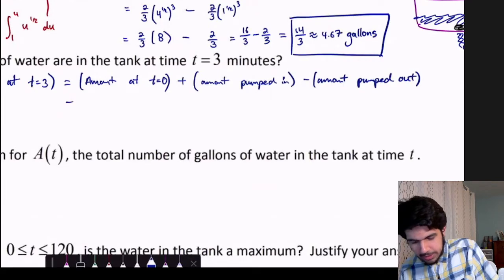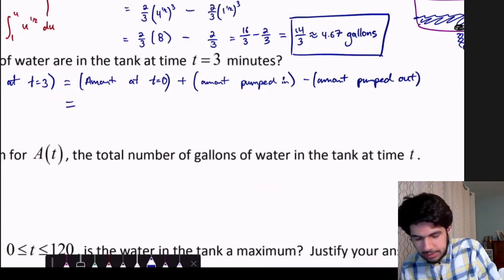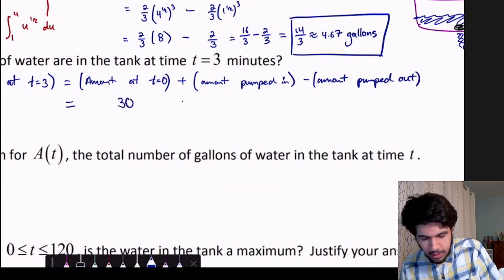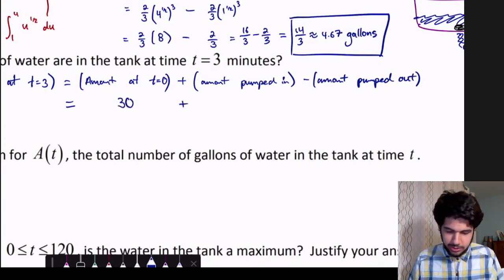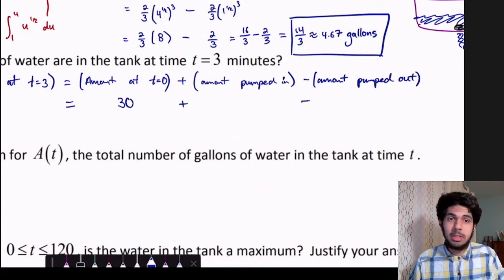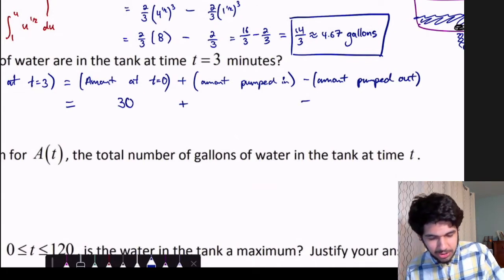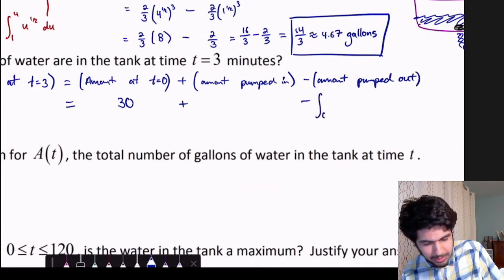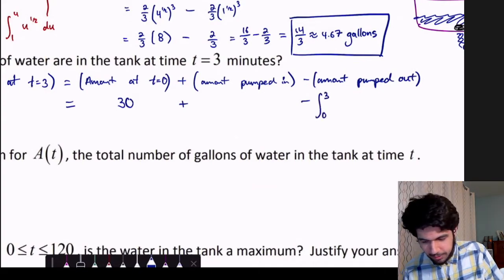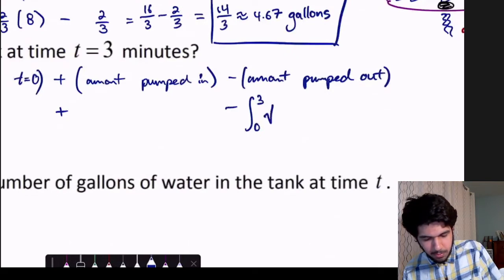So this is going to be equal to, well, there's 30 gallons at t equals 0, that's given to us. And then pumping in, we can handle that separately, but let's first look at how much is taken out. So we're given the rate, we want to get it into a volumetric quantity, so we'll just use the integral again, right? So this would be the integral from 0 to 3 of whatever we just did. So that would be square root of t plus 1 dt.